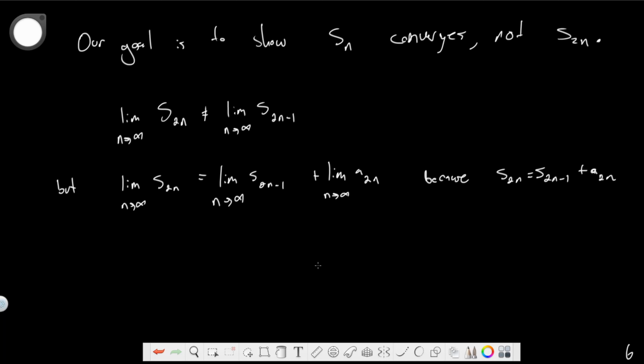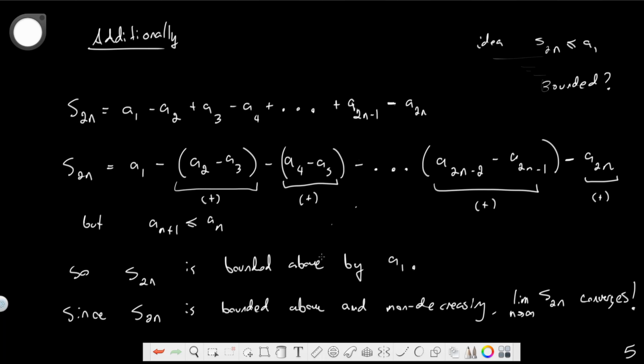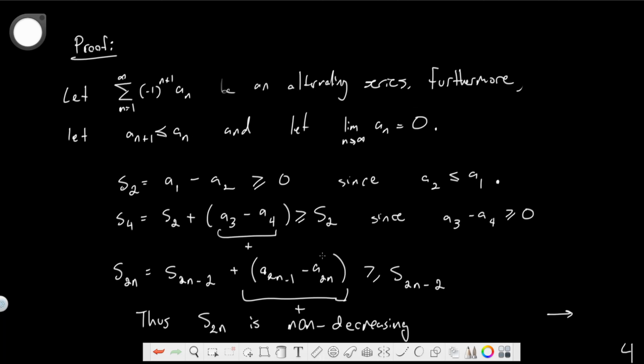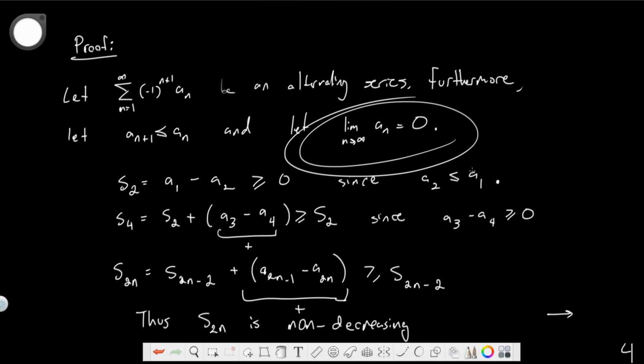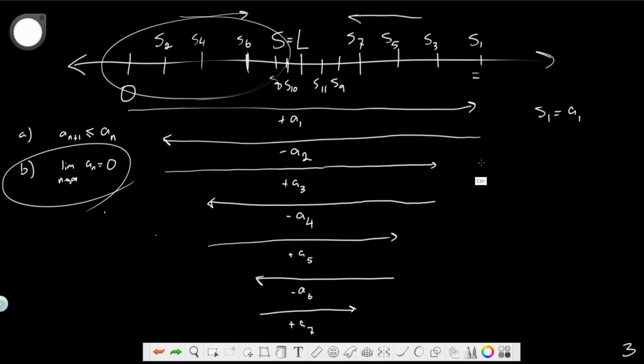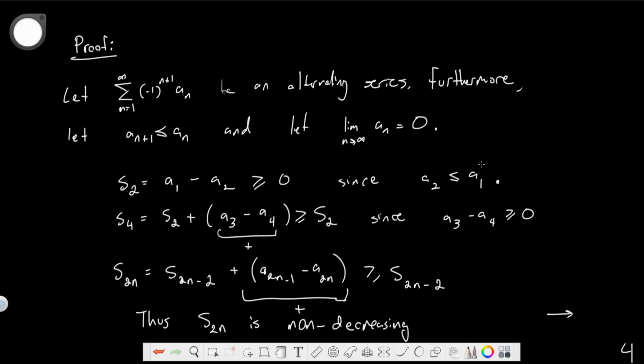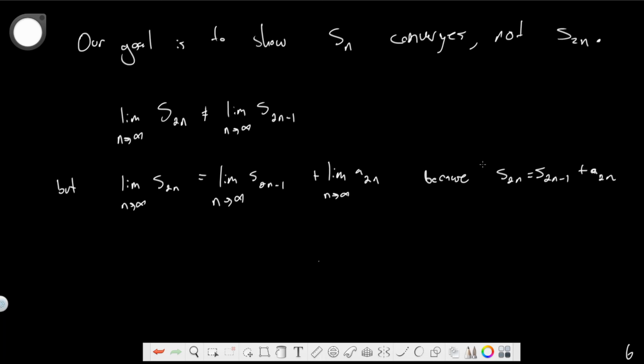What was our other initial condition? Right here. The limit as n goes to infinity of a sub n is 0. If it wasn't 0, we might not be able to do what I'm about to do. Sorry, I'm taking a little bit of time to get back here.